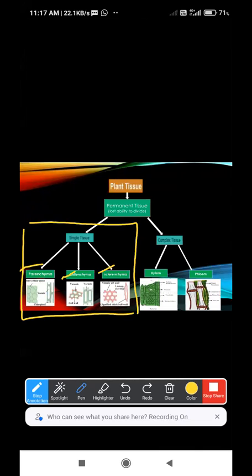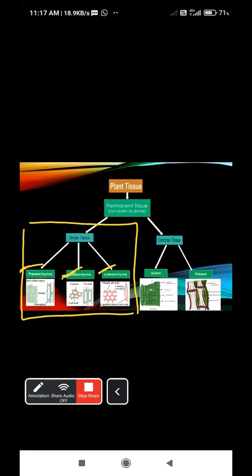Based on the marks it is asked for: if it is asked for 1 mark, you can just name the 3 types of the simple tissue. If it is for 3 marks, you can write a description or the structure of these tissues with an example of each type.